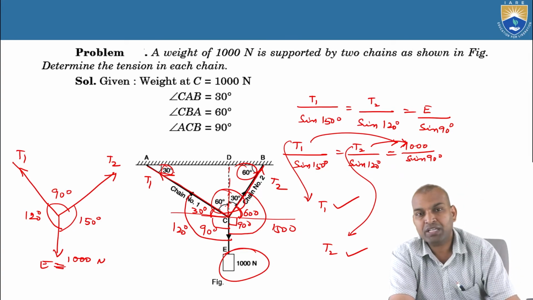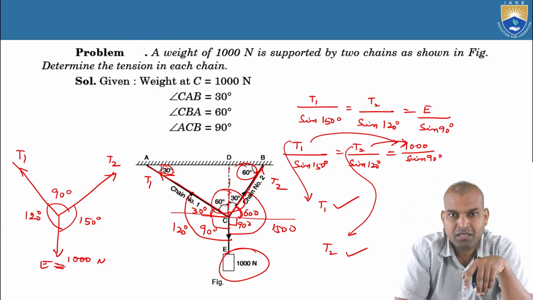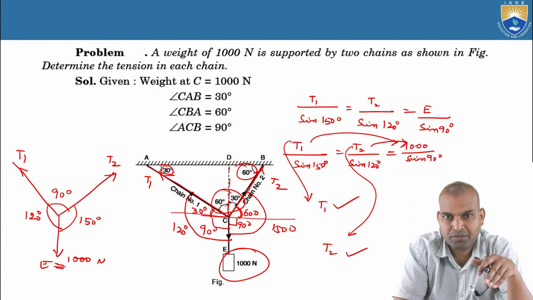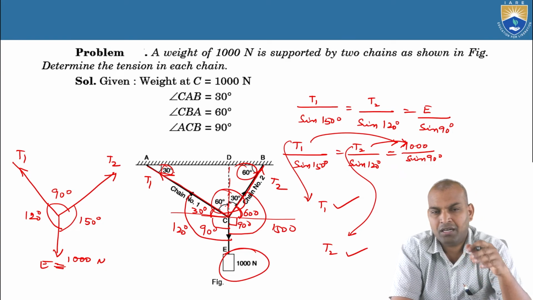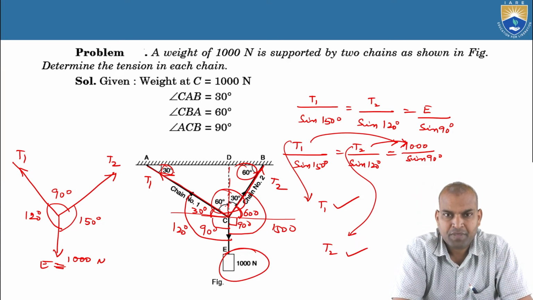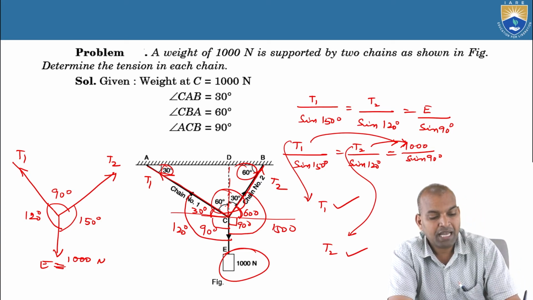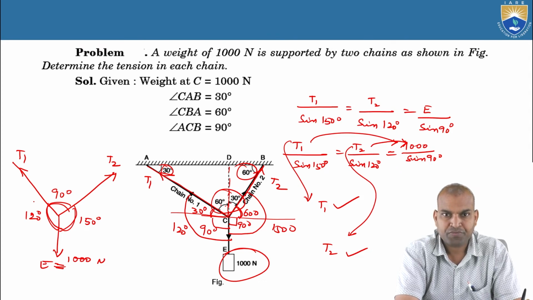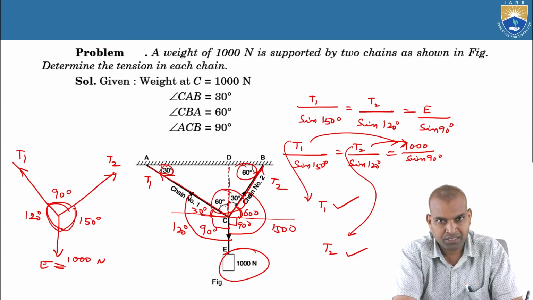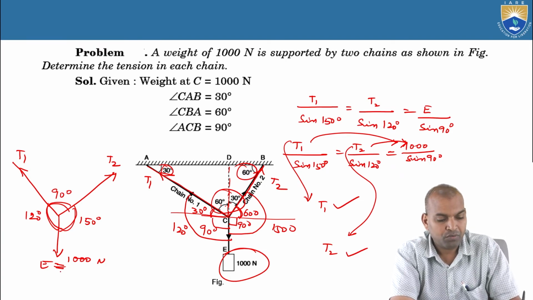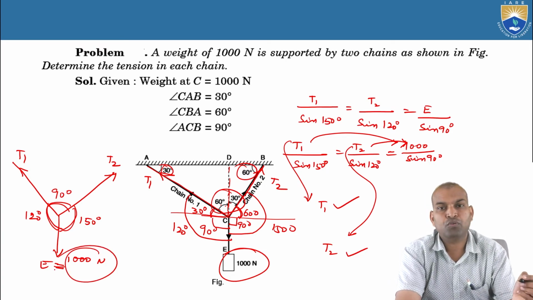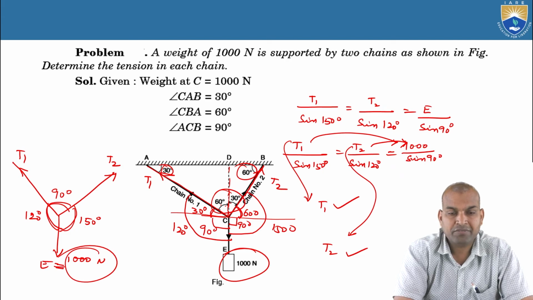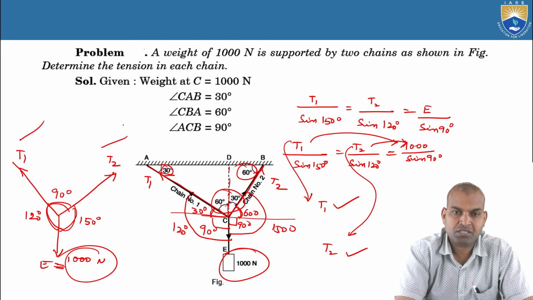So in this manner we can apply Lami's theorem at different locations based on the geometry. But the requirement for applying Lami's theorem is that the angles between T1, T2 and E are to be known, and one known force should be provided. Otherwise, we can't calculate the other two forces.